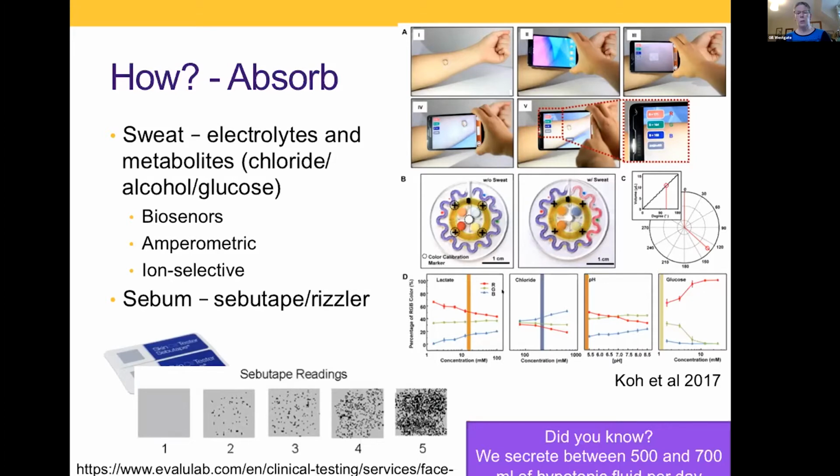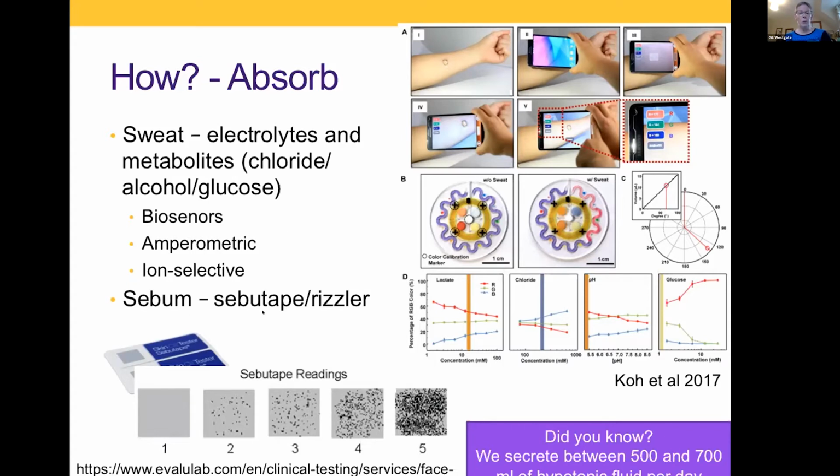And then you can look for different materials like lactate, chloride, change in pH, and glucose. So these sorts of things are becoming ever more useful for complex analytes. And certainly anybody who's interested in using sweat as a vehicle for measuring something physiological, like, say, glucose for diabetes monitoring, these types of devices are going to become more the norm.